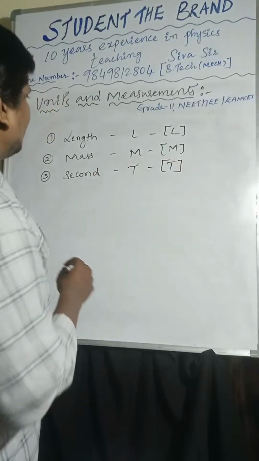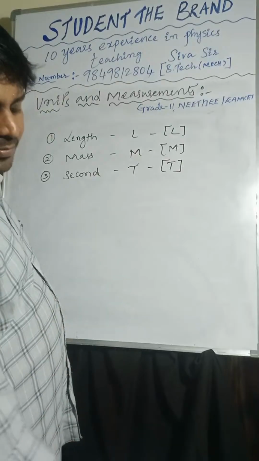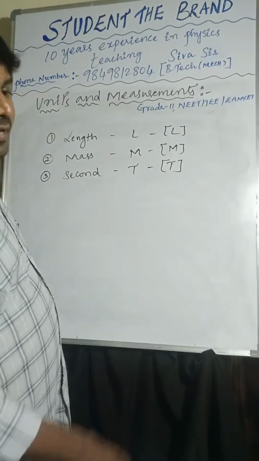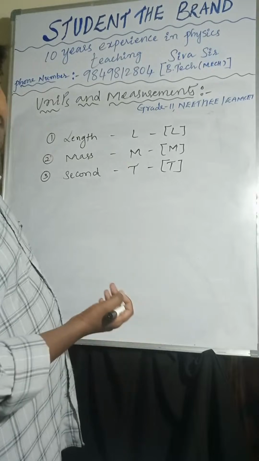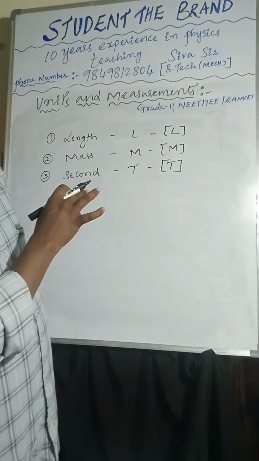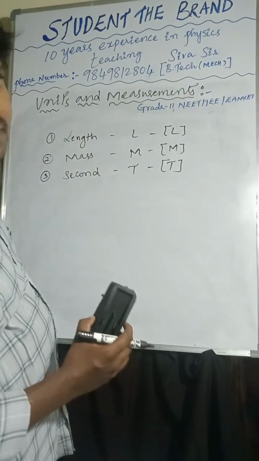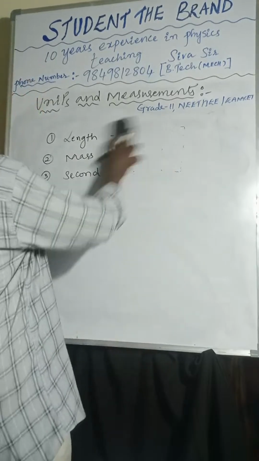With this we can also take thermodynamic temperature, amount of substance, and so on; the remaining ones we can consider as well. Now let's discuss which physical quantities are related to these. I am considering area.